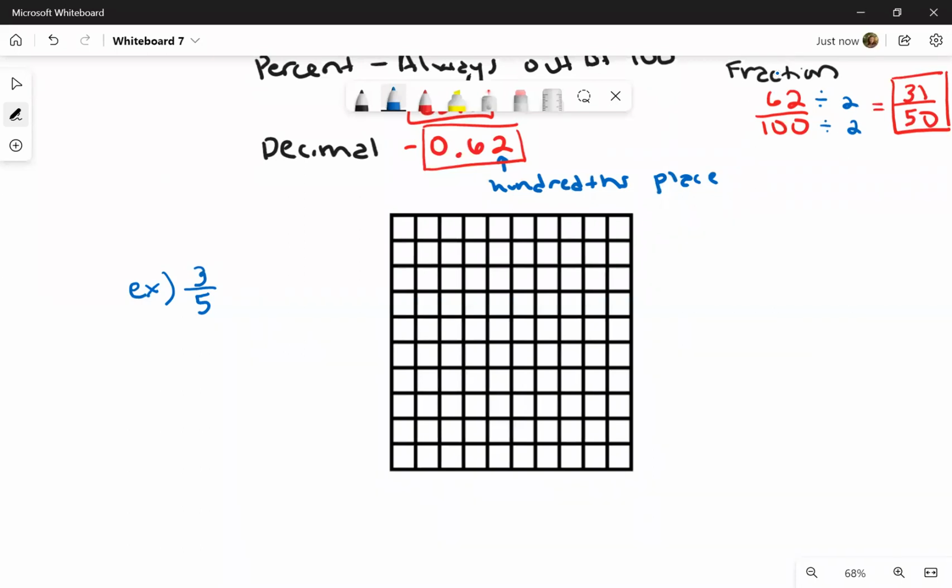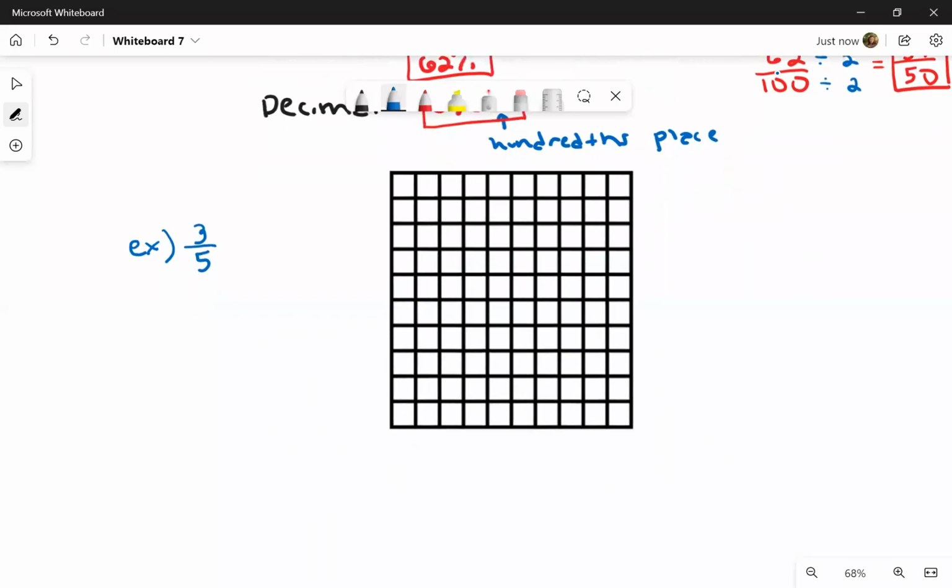Okay, now I could break this up into fifths. So here, I could do that by just kind of every 2 rows. So each of these represents fifths, and then I could just shade 3 of them. Cool. So that would represent 3/5.